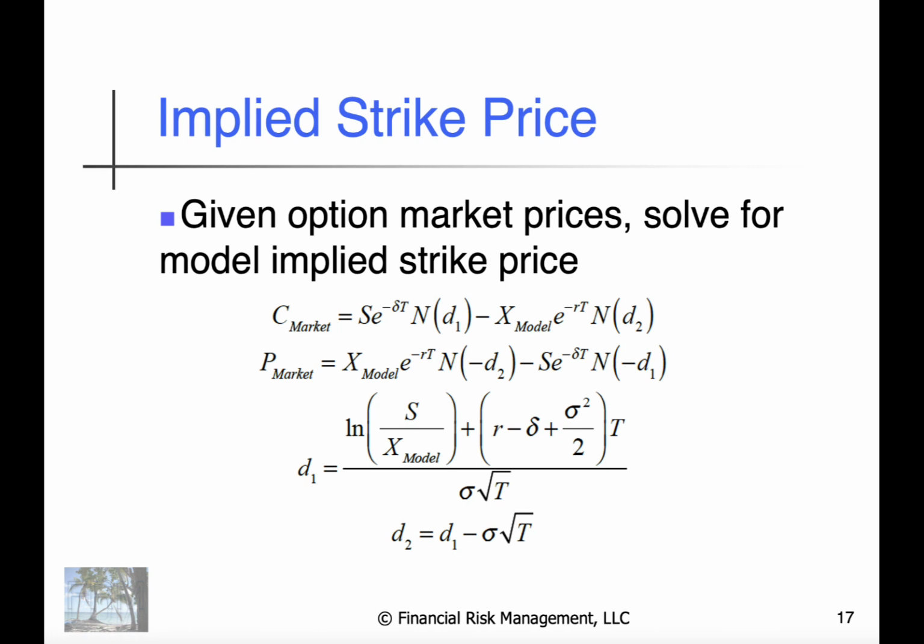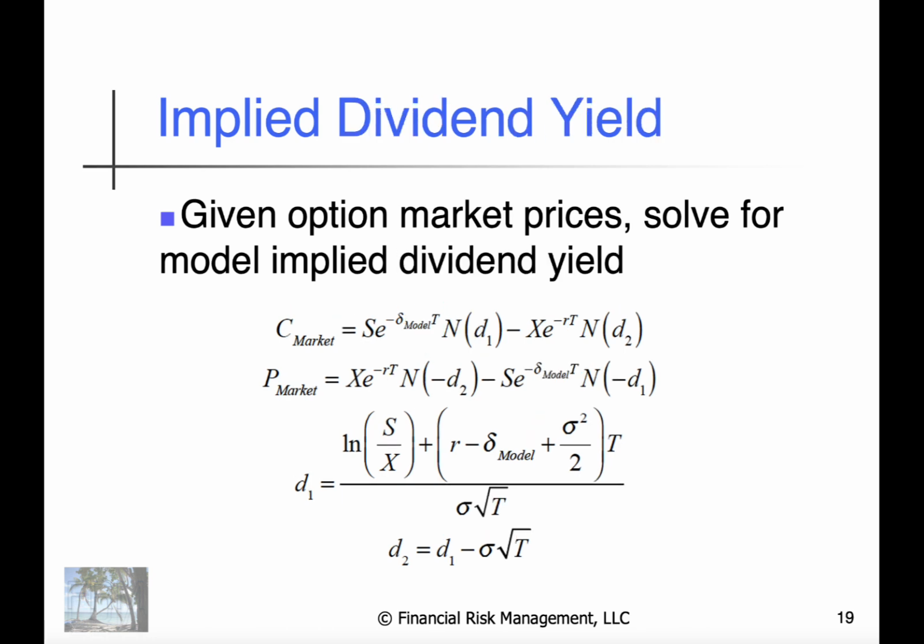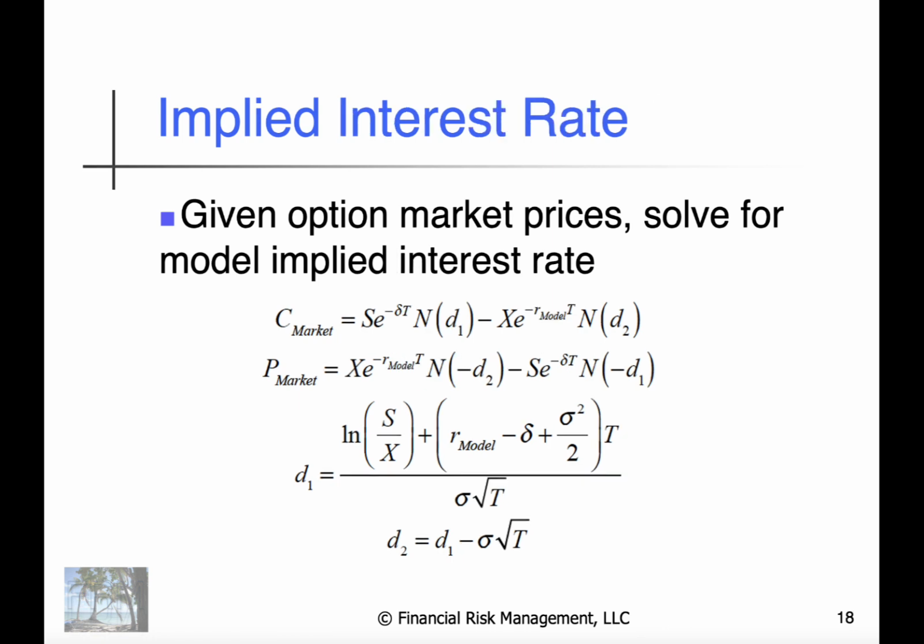We could solve for the implied strike price if we wanted to. We could solve for the implied interest rate of the model in this particular case. The implied interest rate is sort of an academic question here: what is the right base curve to use to value options?